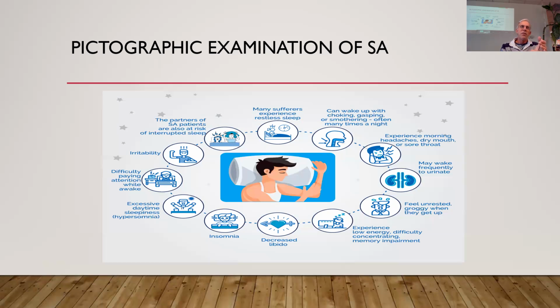And of course, there's the impact on your partner or spouse, who has to hear these dangerous gasping sounds or loud snoring, or restlessness as you're trying to reposition yourself and change your position to a better vantage so that you can sleep a little more soundly for a few hours. So there's all kinds of ramifications that go with it.